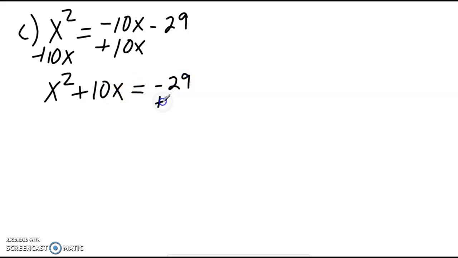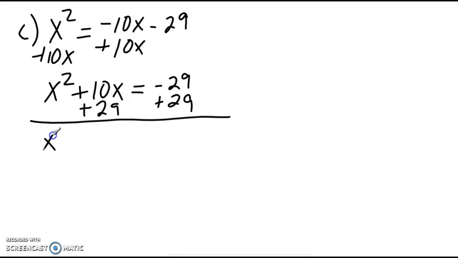And then I'm going to add the 29 to both sides. So I added the 10x and I added the 29, okay?